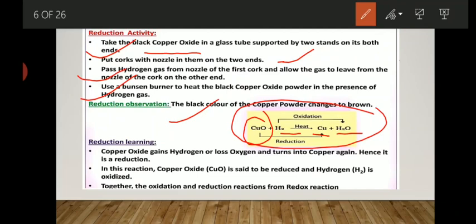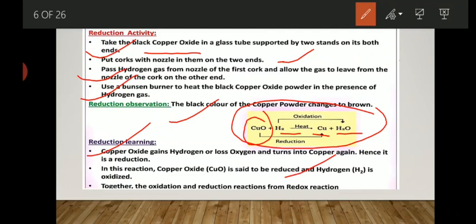Now what did we learn from this experiment or this activity? See, copper oxide loses oxygen and turns into copper again. The color of copper is brown itself. Hence, it is reduction. In this reaction, copper oxide is said to be reduced and hydrogen is said to be oxidized.